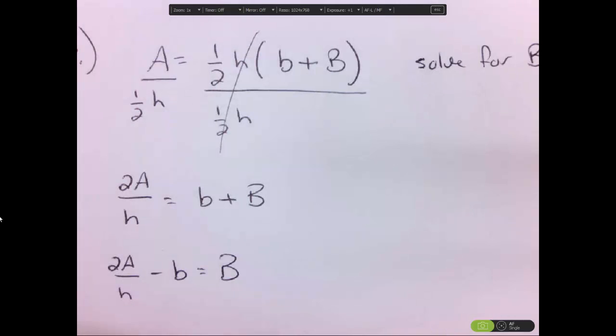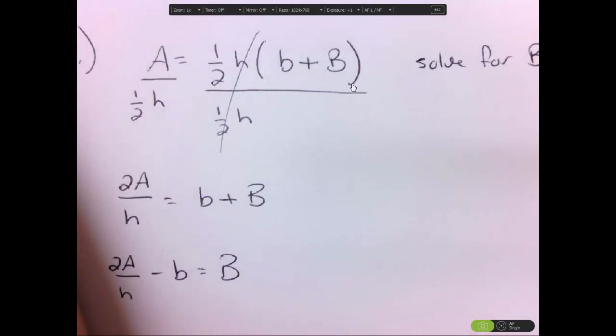Big B is solved for. So there are a couple of different examples on solving for different variables. Just make sure you do the opposite operation and that you're getting the terms away from the letter you would like to solve for.